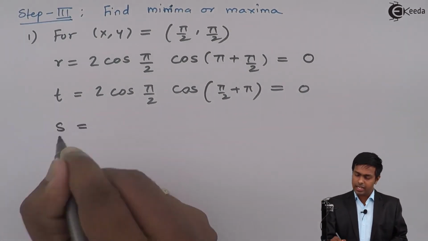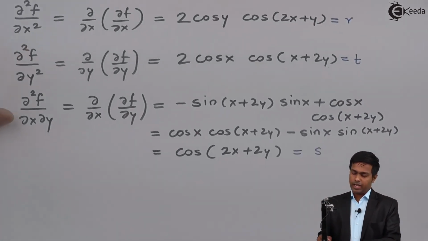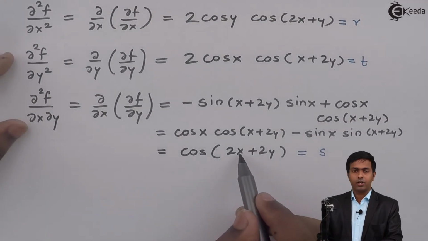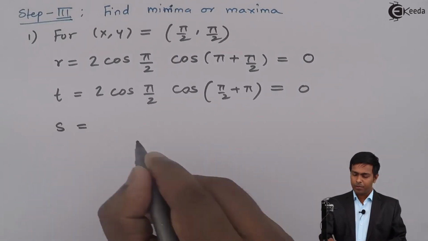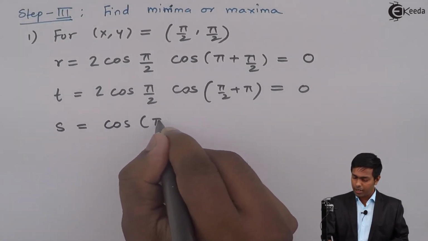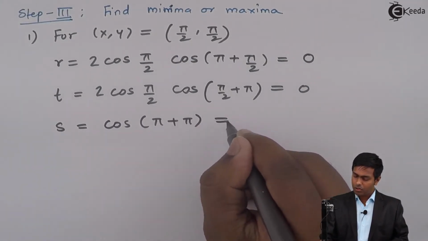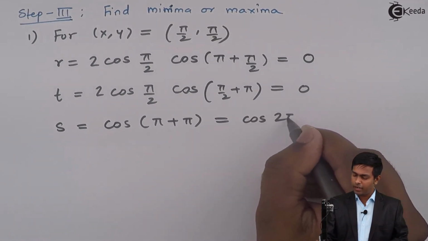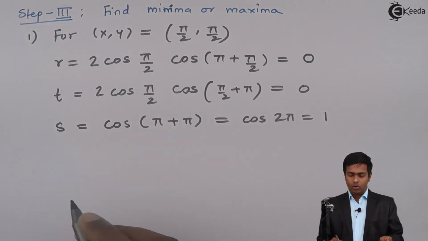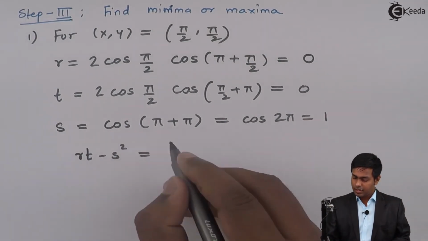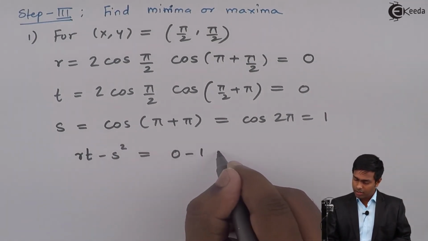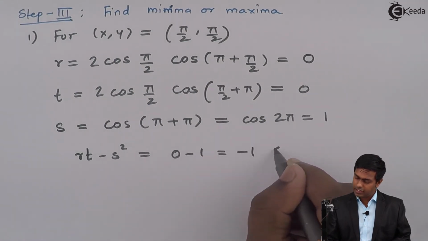And the last value is s. So s is cos of, here 2, pi by 2, pi by 2, 2 cancel, pi plus pi, 2 pi. So here we'll get cos of pi plus pi. So cos of 2 pi, which is equal to 1. So if we check the value of rt minus s square, then it is 0 minus 1, and that is minus 1, which is less than 0.